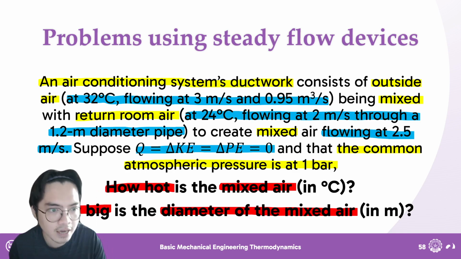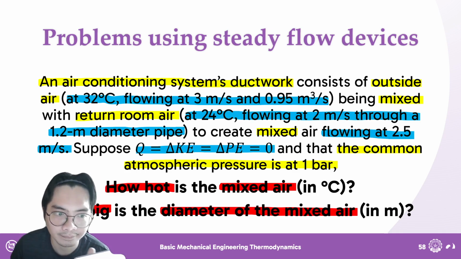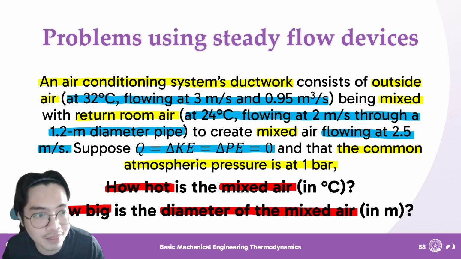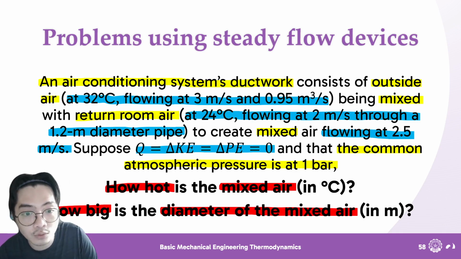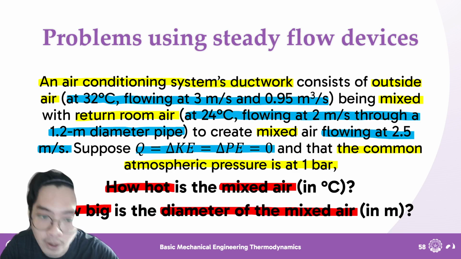Actually, let's ask, hey Siri, how hot is it in Manila right now? It's 34 degrees Celsius. So outside air currently here is at 32 degrees Celsius. It's going to be mixed with room air, which is currently at 24, let's say, creating mixed air flowing at some velocity.